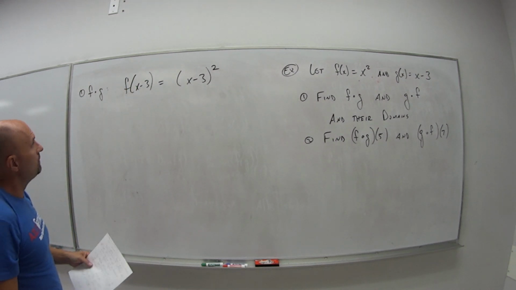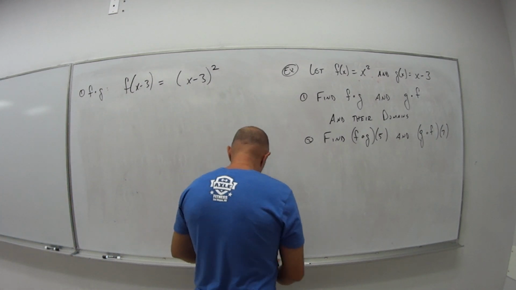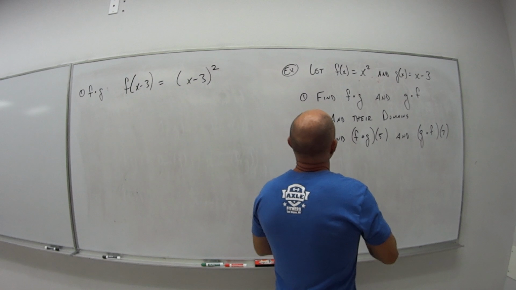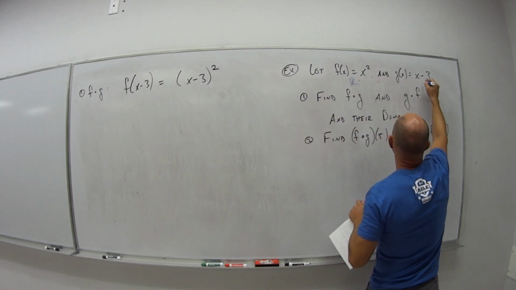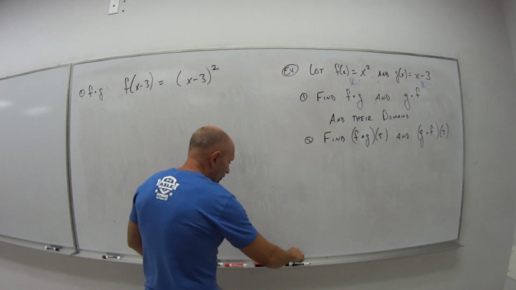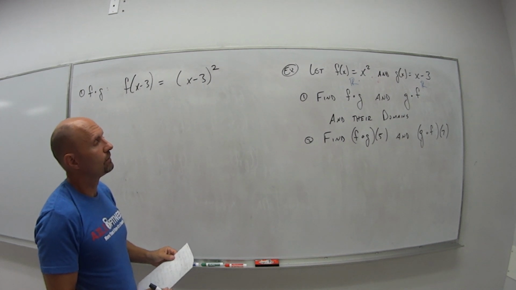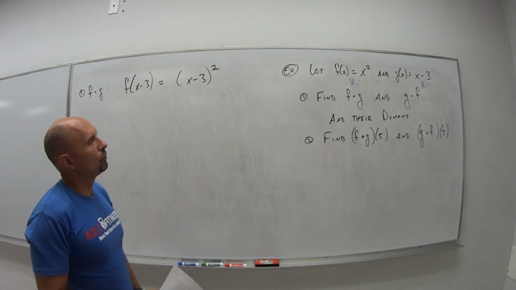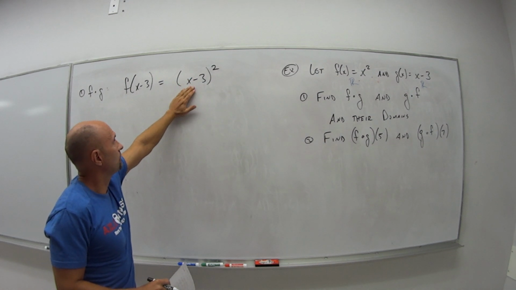What's the domain? Well, the domain for f of x is all real numbers. Domain for g is also all real numbers. I don't have a denominator. I don't have a radical. So therefore, all real numbers are going to work. How about this one? First, I need the composite function.